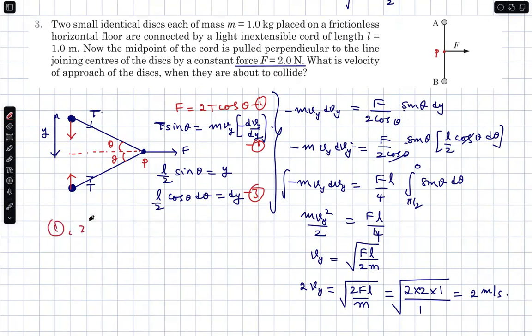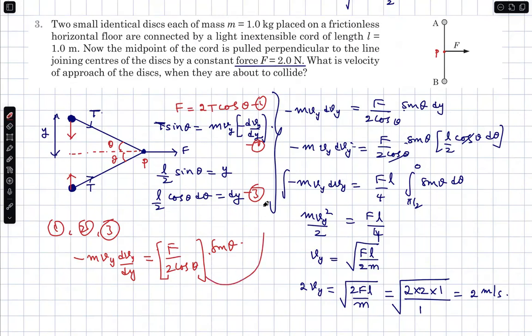From 1, 2, 3, what I have is minus M Vy dVy by dy, and what is T? T sin theta is responsible for this. T refers to F by 2 cos theta times sin theta. Now this dy term, I pushed it from here to here. From there, I think you know how to handle things.